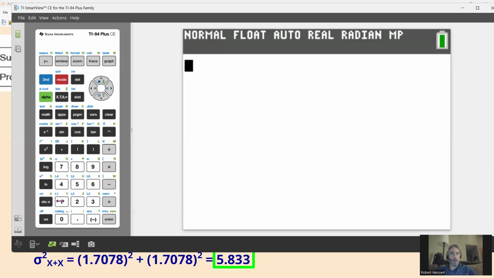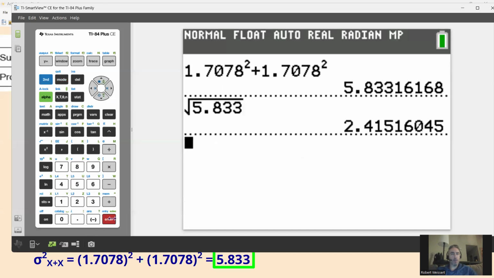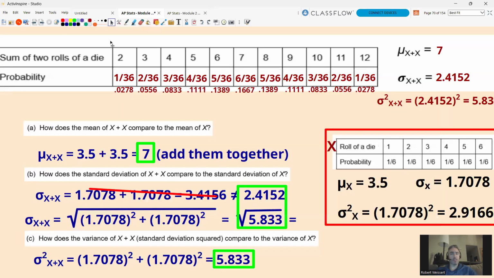And if I take my 1.7078 and I square it, and then I do the same thing, 1.7078, and I add that together, I get 5.833. And if I square root that number, I end up getting what my combined standard deviation is. So it's a weird little trick, but that's how we have to work with it in this case.